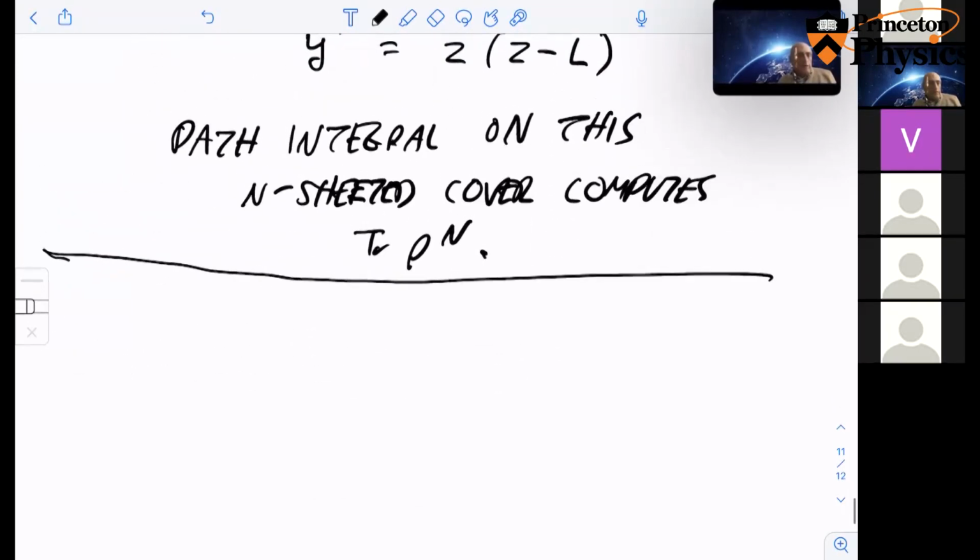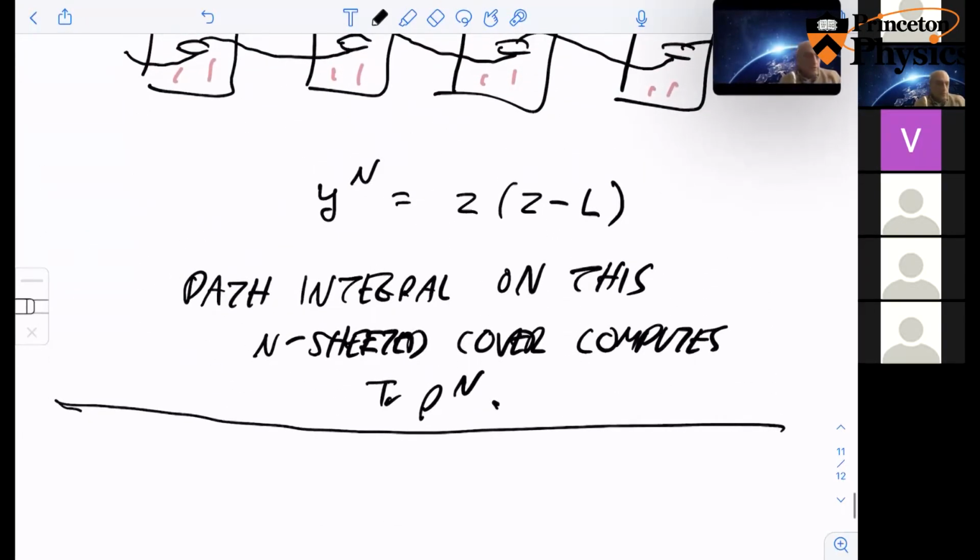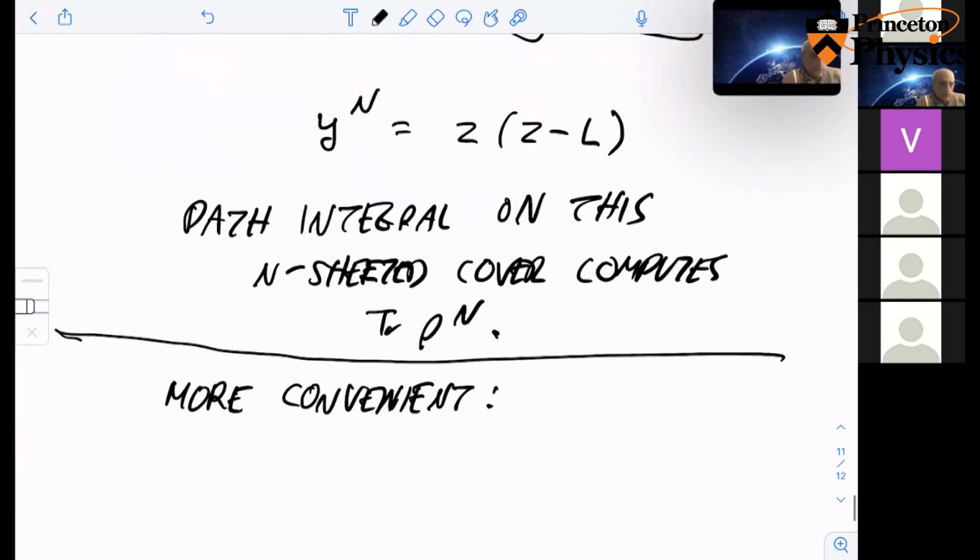Okay, well, there's a more convenient way to do it, though. The more convenient way is to take n copies of the original CFT.